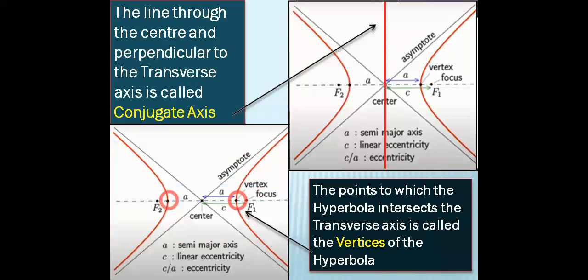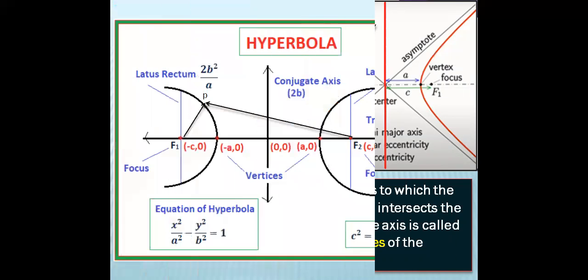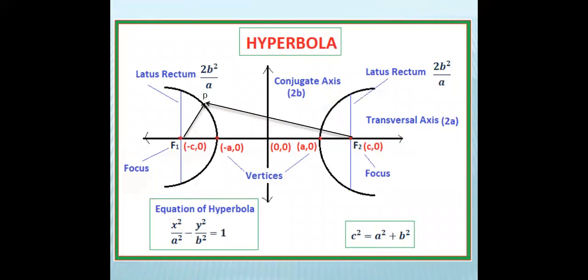A line which is perpendicular to the transverse axis and passes through the center of the hyperbola is called the conjugate axis. And the points at which the hyperbola intersects the transverse axis are called the vertices of the hyperbola. Again, there is a picture which explains each and every component of the hyperbola.